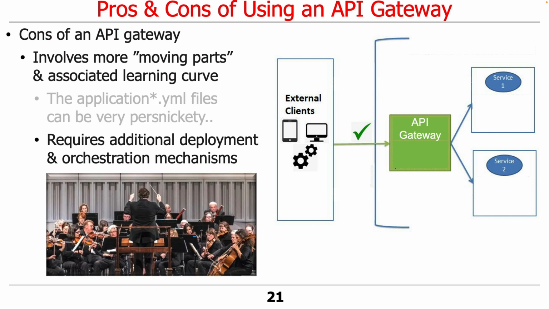And of course, because we've now got lots of these moving pieces, there are additional deployment and orchestration mechanisms required. You will see this when you start running assignment 2, because you're going to have to actually hand launch the different microservices in order to test your program. Whereas before, you could just run a Spring Boot test, and it would automatically launch the application in the context of the test.